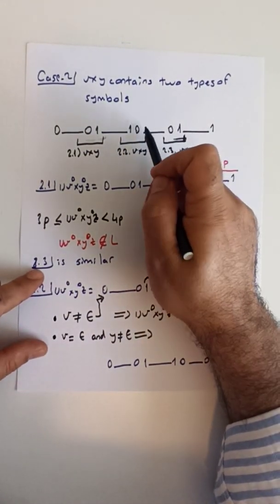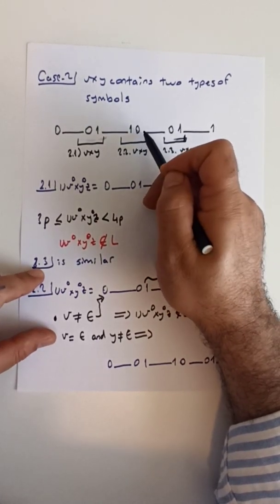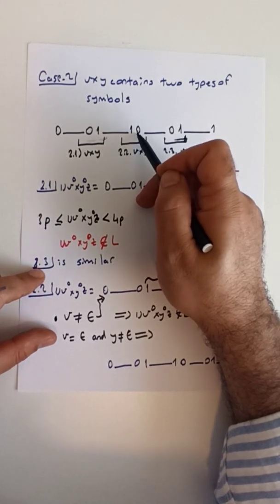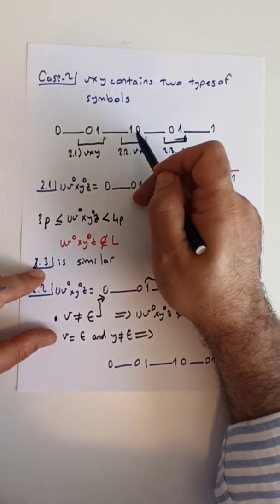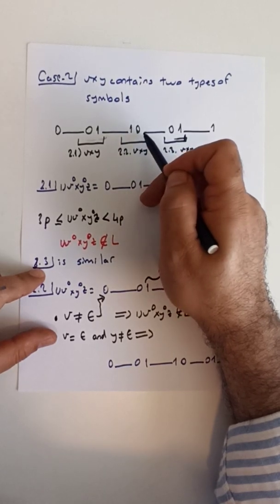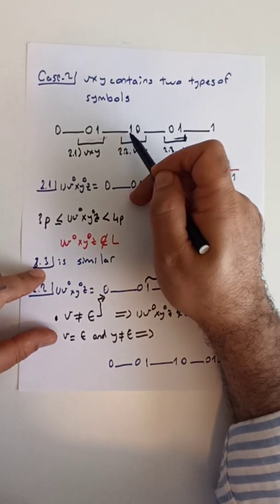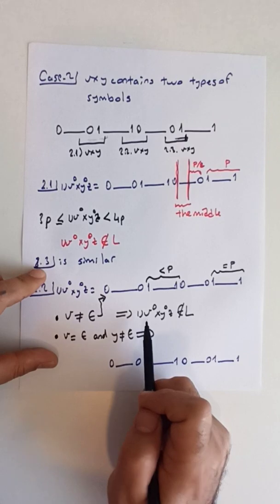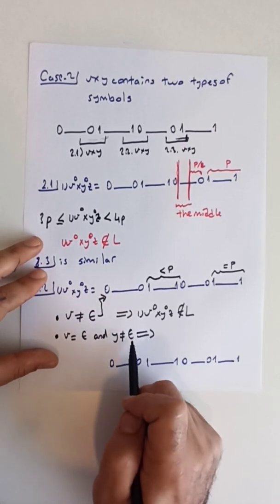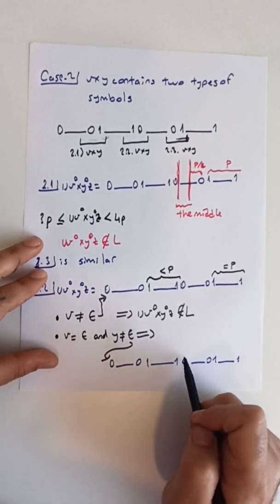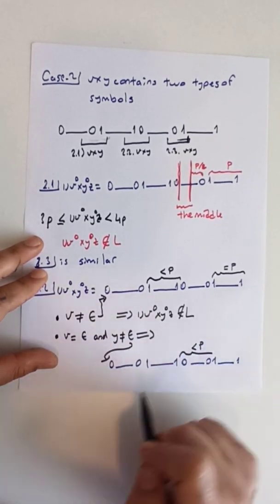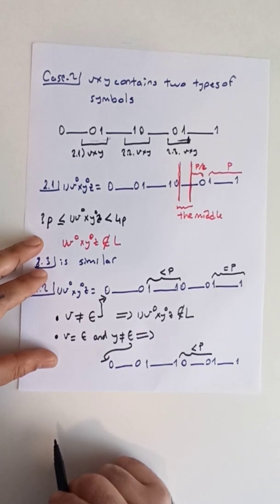Since vxy belongs to here and y is not epsilon, y will definitely contain some number of zeros. It may contain zeros preceded by ones, or it may only contain zeros. But in any case, y contains some number of zeros in here. After pumping down v and y in the new string uvxyz, we will have less than p zeros in the second half of the string.